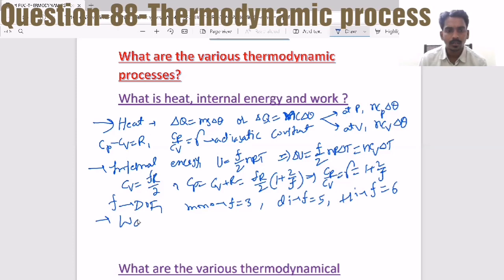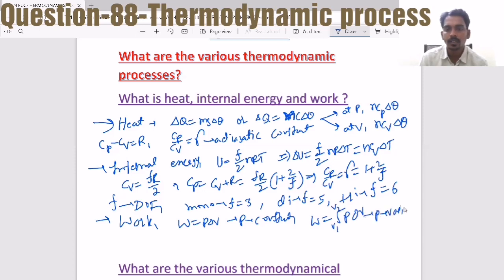Now comes work. Work equals P delta V if pressure is constant, and work equals the integral of P dV from V1 to V2 when pressure is variable. Work is also equal to the area below the P versus V graph.